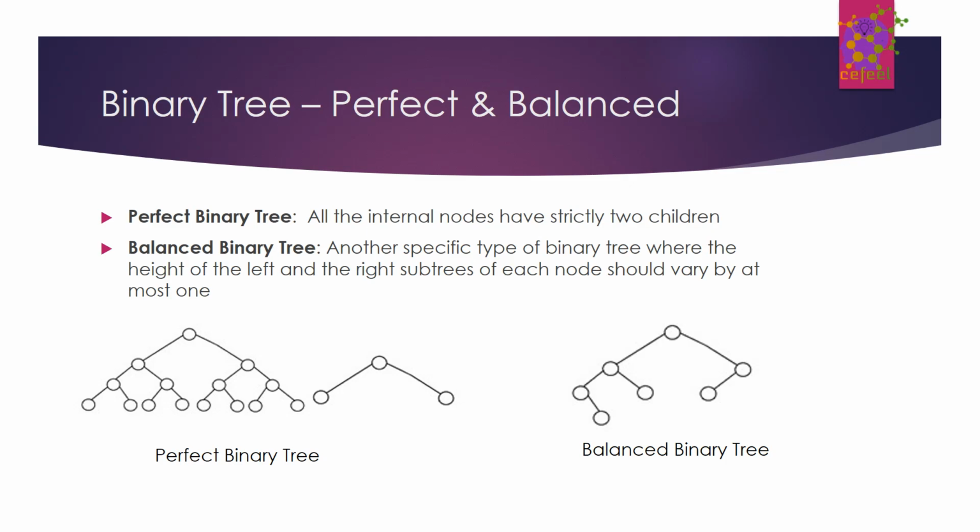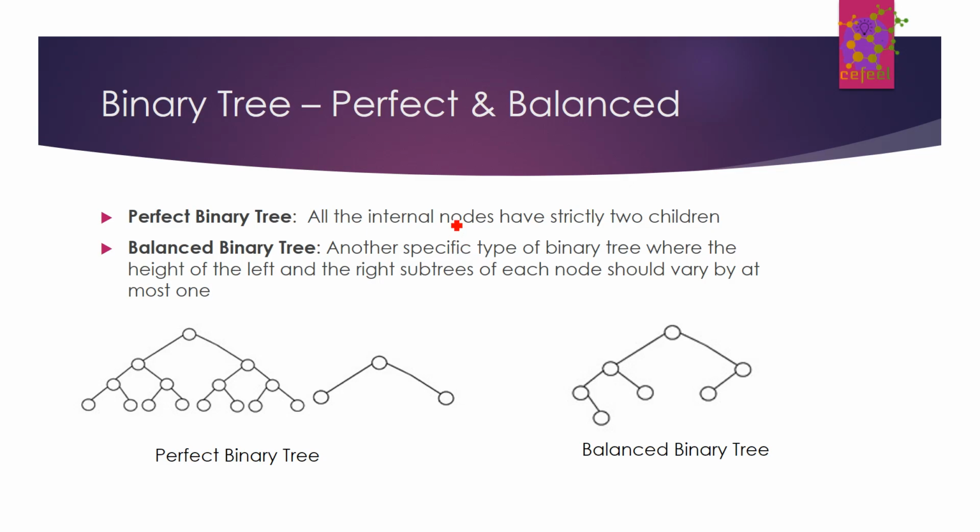Then a balanced binary tree. A balanced binary tree is another specific kind of binary tree where the height of the left subtree and the right subtree can only differ by 1. So this kind of binary tree has great applications for searching and other purposes, because searching, inserting and deletion are in logarithmic time.